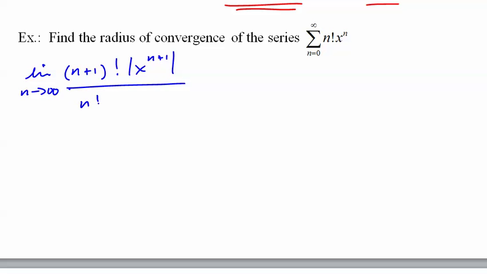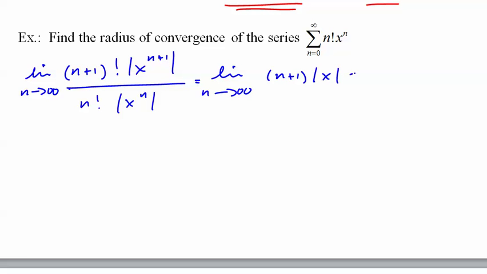So that equals the limit as n approaches infinity of n plus 1 times the absolute value of x. As n goes to infinity, this goes to infinity.